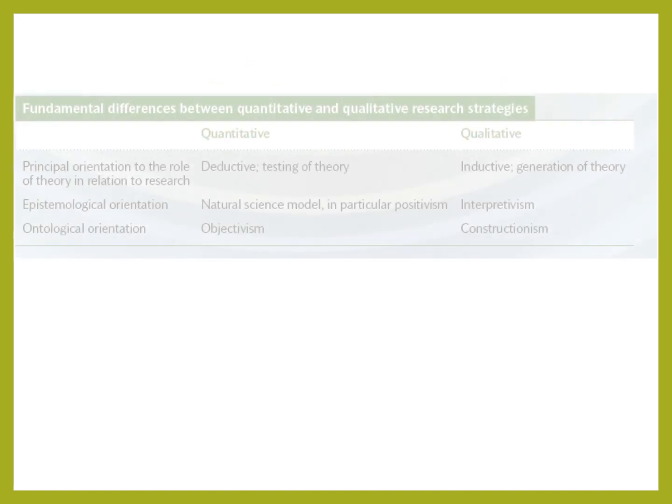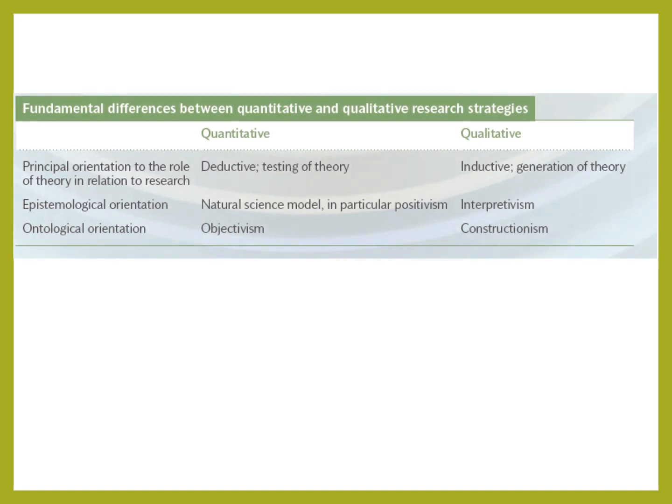Let's have a look at some differences between quantitative and qualitative research strategies. Quantitative research can be construed as a research strategy that emphasizes quantification in the collection and analysis of data, and that entails a deductive approach to the relationship between theory and research, in which the emphasis is placed on testing theories.